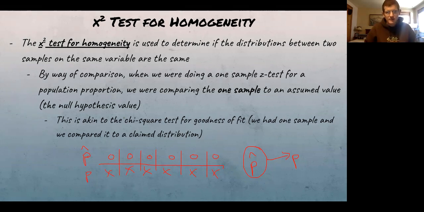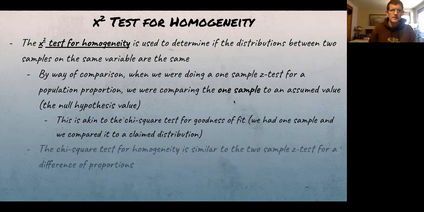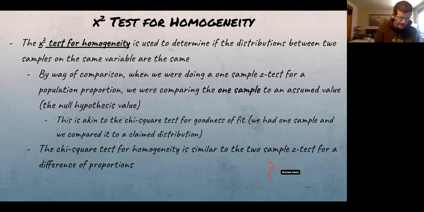One sample given, one variable that we took data on, and it was just one variable yesterday. We looked at car color. That's one variable. We just happen to have 8 categories. So today what we're doing is going to be kind of the analog for the 2 sample z-test, where I have p hat sub 1 and p hat sub 2.